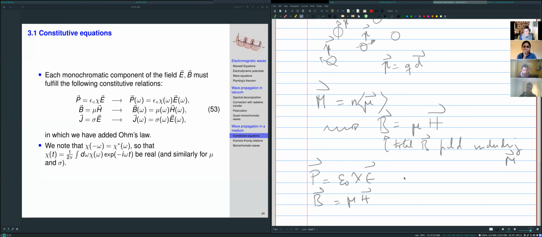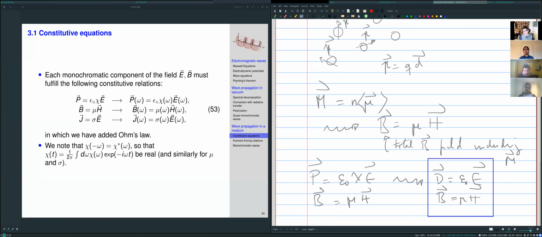By the way, this one leads to the displacement vector, which is epsilon times E. Maybe this is the best way to put it: these two relationships are called the constitutive relationships because they connect the displacement vector and the magnetic field with the standard form of the electric and magnetic field in vacuum, taking into account the medium.